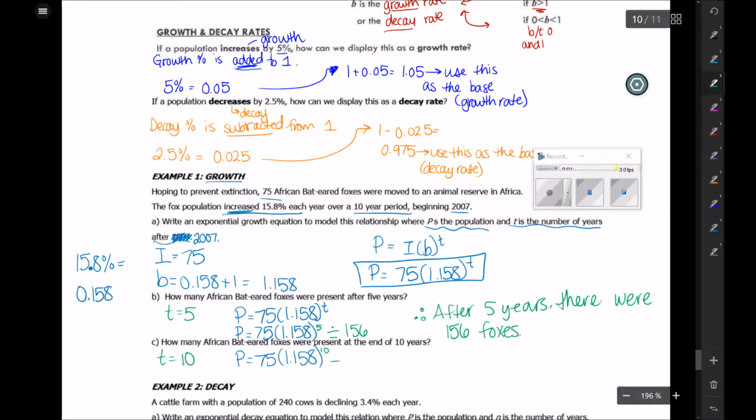So we can say this is approximately 325. So we can say, therefore, after 10 years, there were 325 foxes. Okay, and that's how we look at exponential growth.